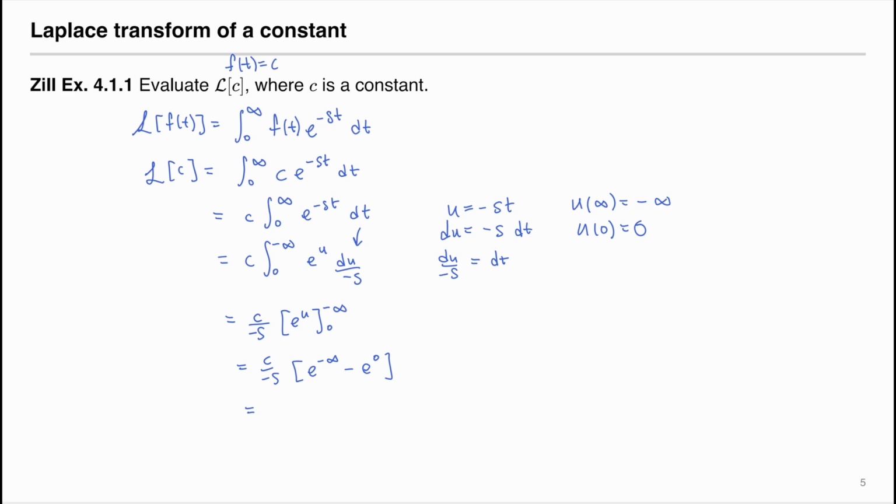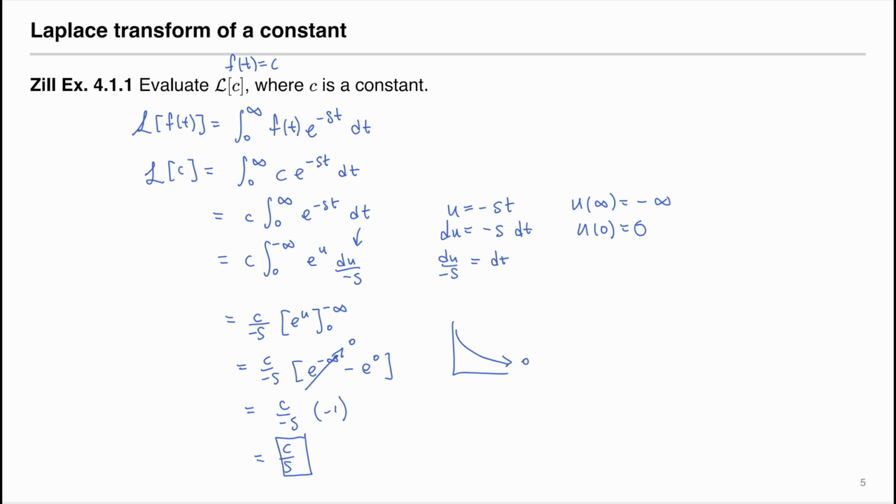And e to the negative infinity is going to 0, so that goes out, and e to the 0 is 1. So finally we have the Laplace transform of constant is the constant times 1 over s.